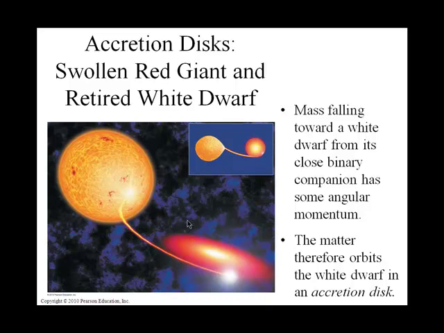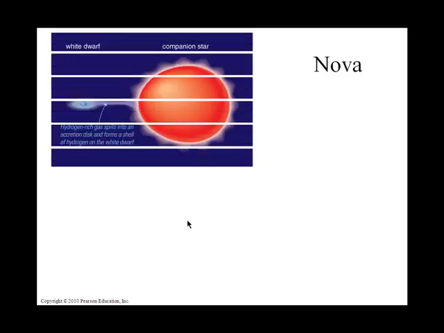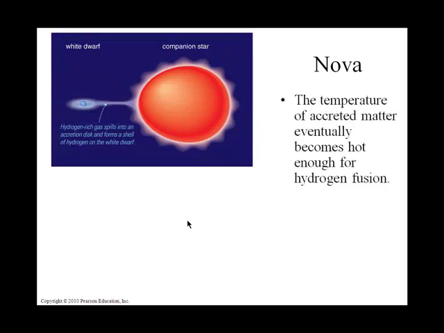So what can actually happen, and does happen, is that the material in the accretion disk can heat up more and more and more, and eventually, now you're going to have to bear with me because I switched directions here. Now the white dwarf is actually on our left, and the giant companion is on the right.